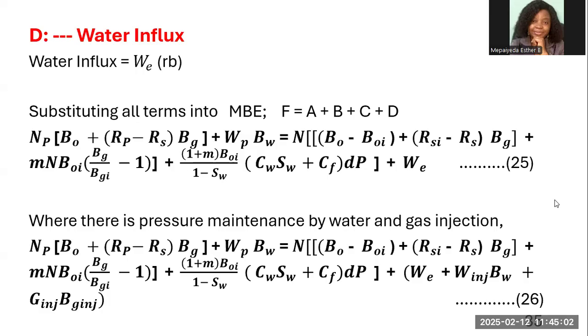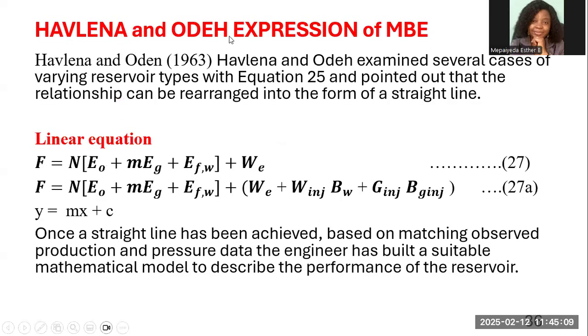Okay, so right now we'll be going to the Havlena and Odeh expression of the general material balance. They published their work on the Schilthius material balance equation in 1963, and they simplified the general material balance equation.